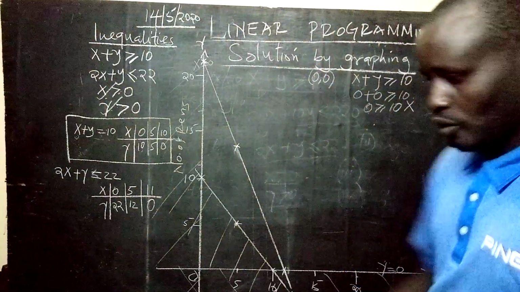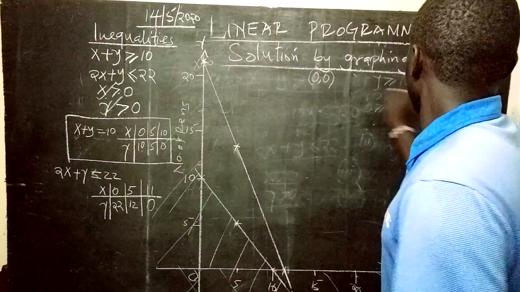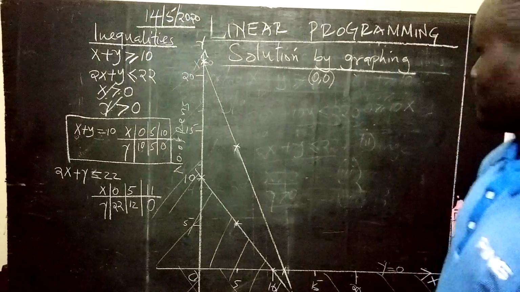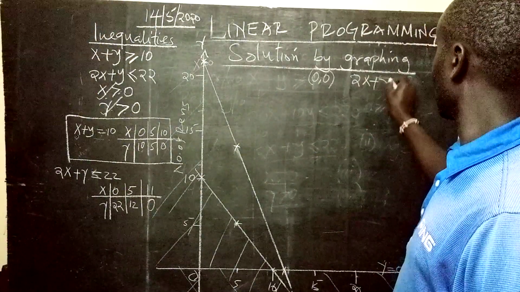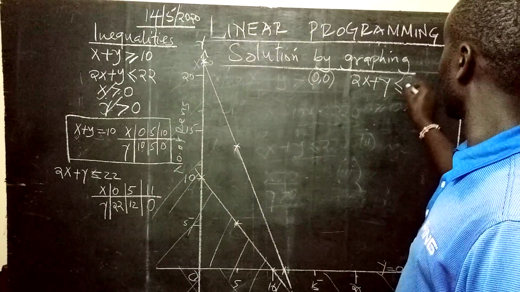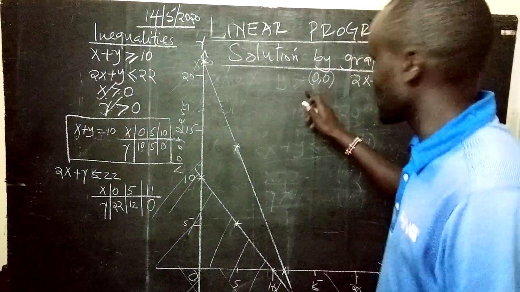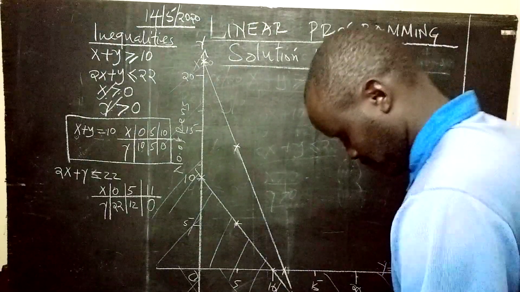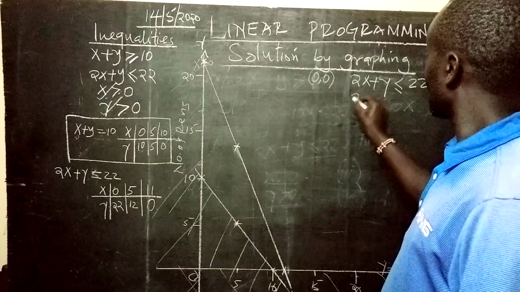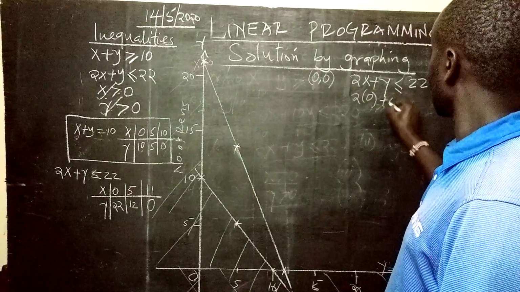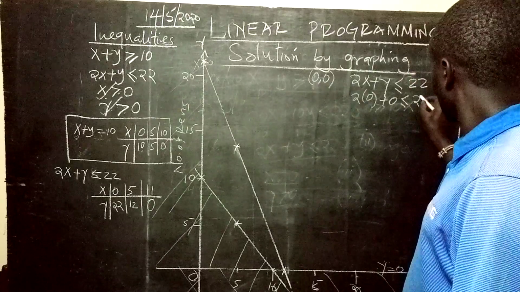Then we move now to this one. Then we now bring 2x plus y is less or equal to 22. Then again we are going to use the same point, where we say 2 into 0 plus 0, is it less or equal to 22?